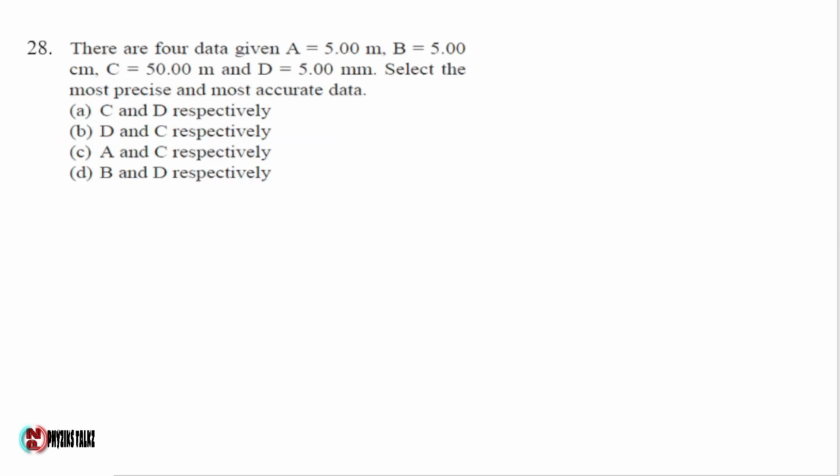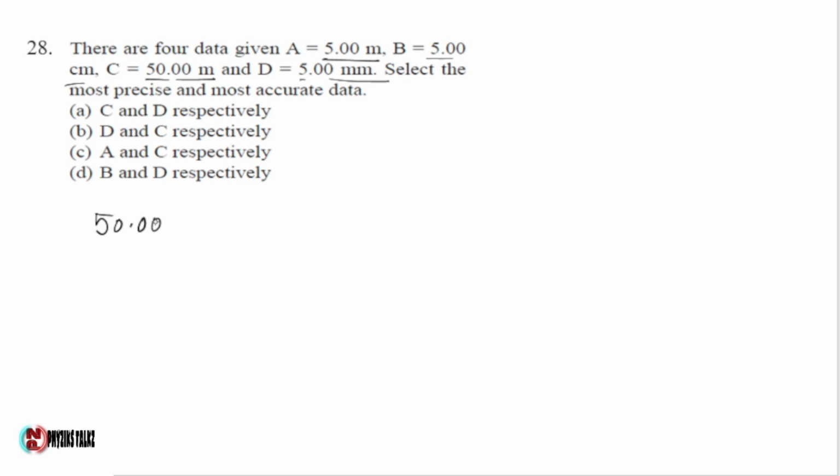Next question. There are 4 data given. A equals 5.00 meter, B equals 5.00 centimeter, C equals 50.00 meter, and D equals 5.00 millimeter. Now which has more significant digits is the more accurate.